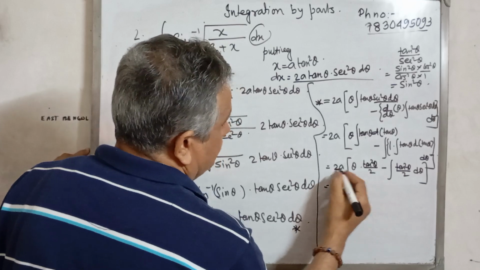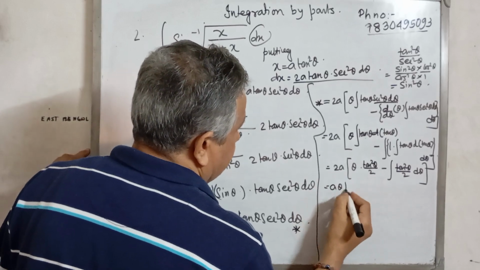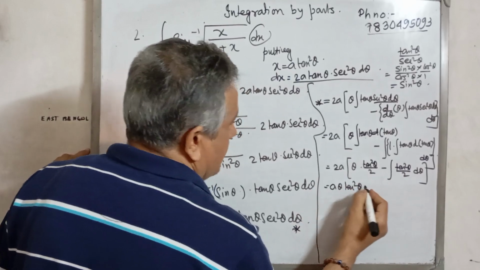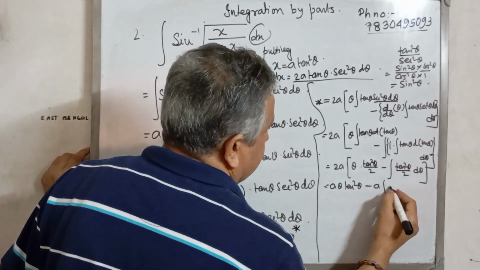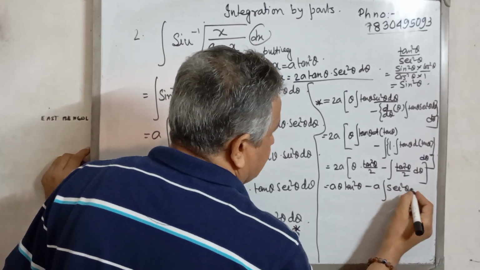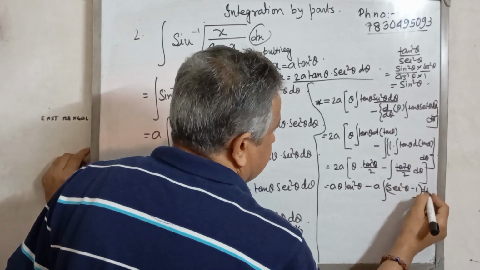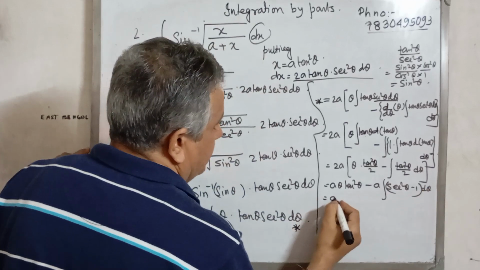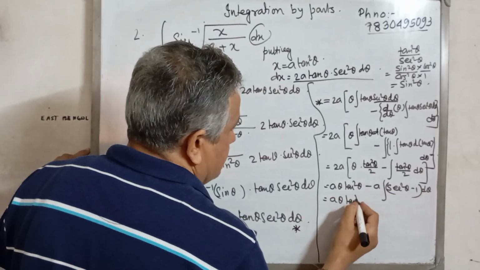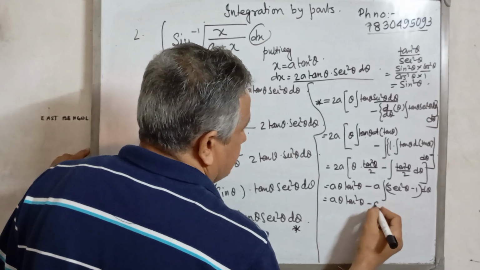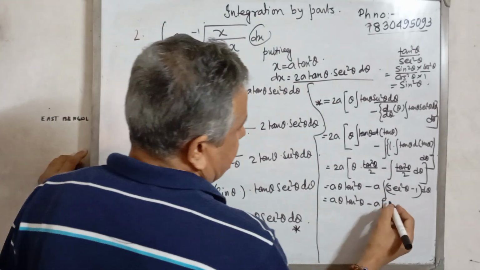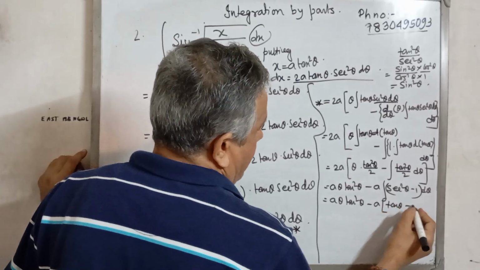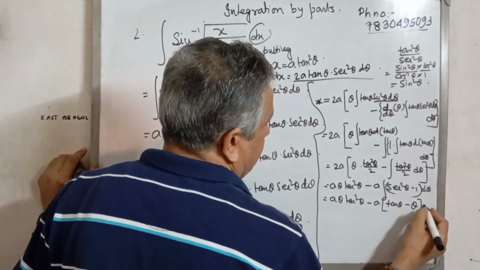Now multiply, 2 cancels: a theta tan square theta minus a, we can write tan square theta as sec square theta minus 1. So a theta tan square theta minus integration of sec square theta is tan theta, integration of 1 is theta, plus c.